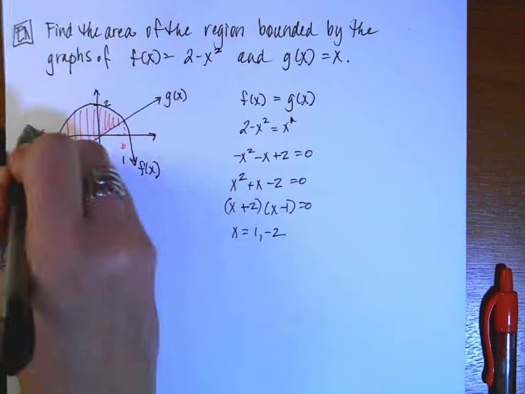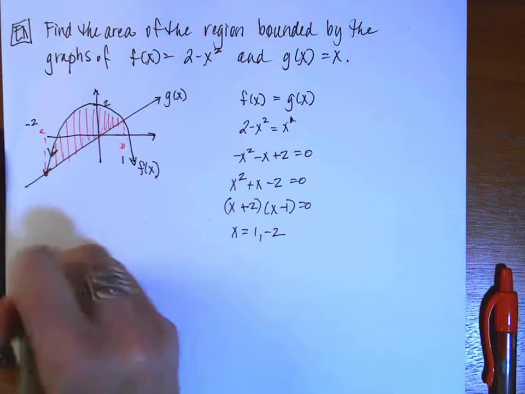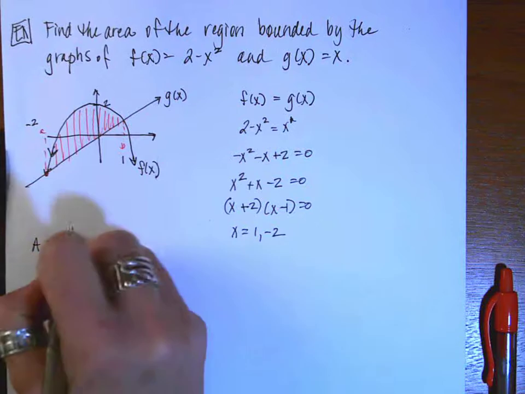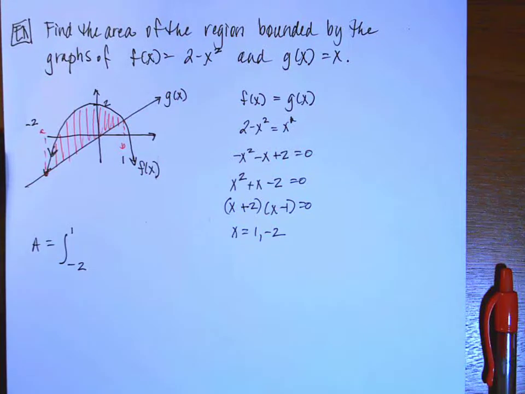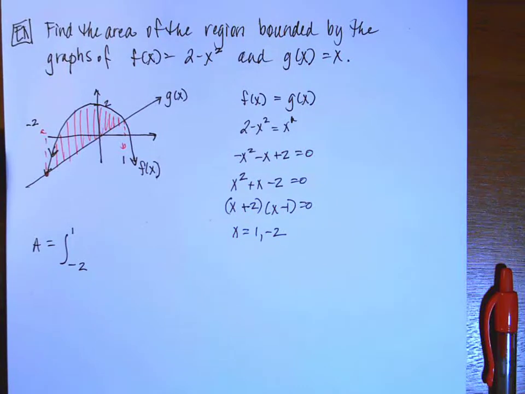So this point right here is 1. This little guy is my negative 2. So if I wanted to calculate the region between the two graphs, my area is equal to the integral from negative 2 to 1, reading left to right because I'm integrating with respect to x.